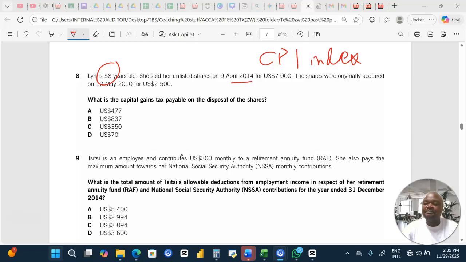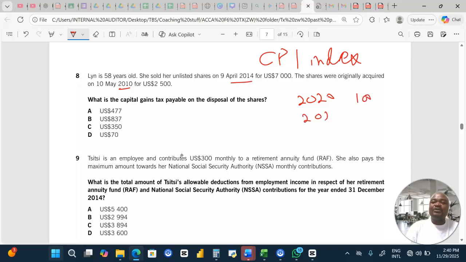So CPI index, you'll be given 3 or 4, sometimes 2, depending on whether the examiner wants to be pedantic or just simplistic. Okay, so let us give this question. Let us say when the shares were bought in May 2020, the 2020 CPI was 100.